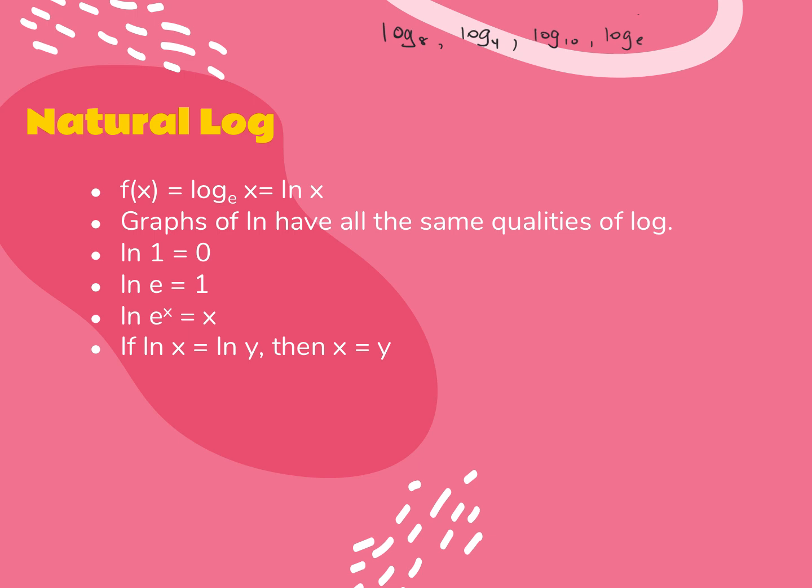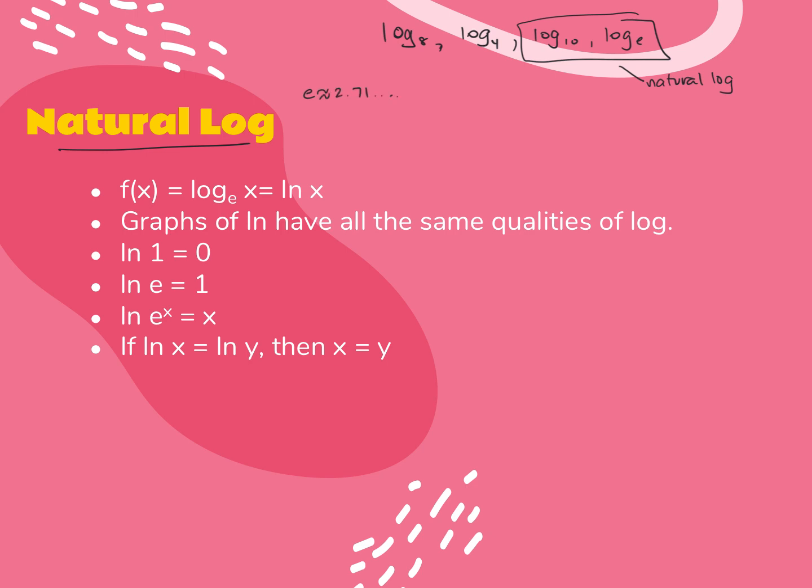And so the two that I want to talk about are log base 10 and log base e. Log base e is what we're going to talk about in this slide, and what that's called is the natural log, because the base is the natural number e that we've talked about before, that e has a value, e is approximately equal to 2.71, and it keeps going.